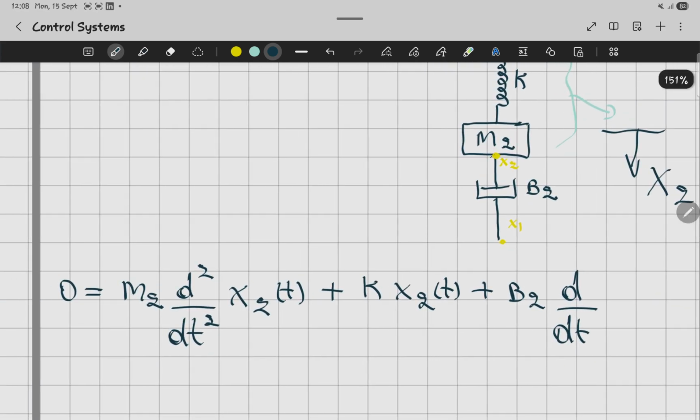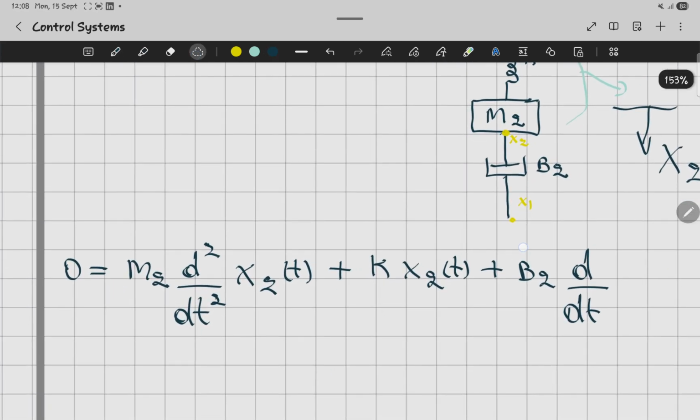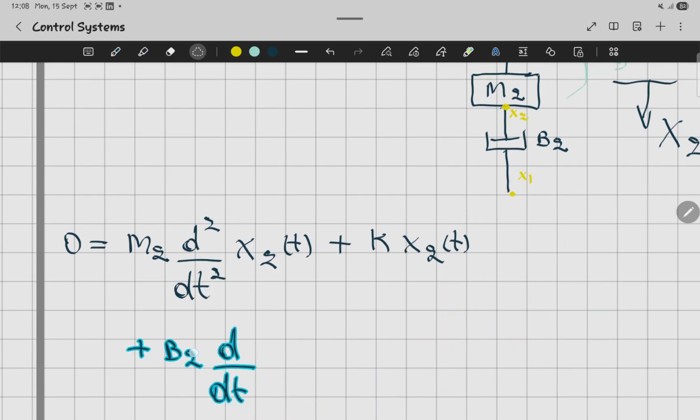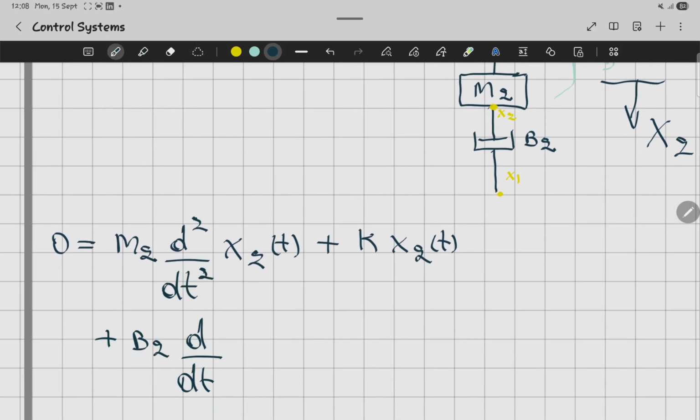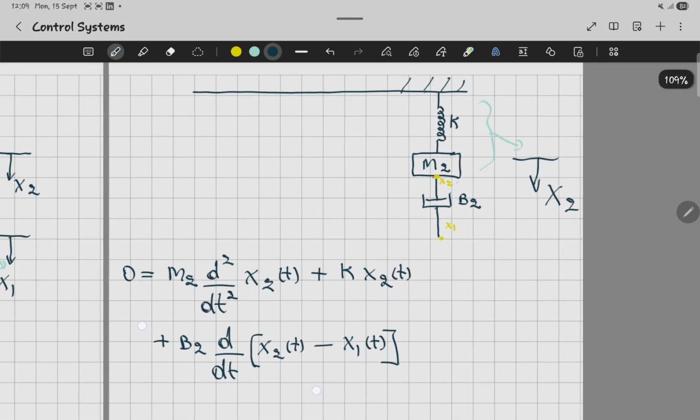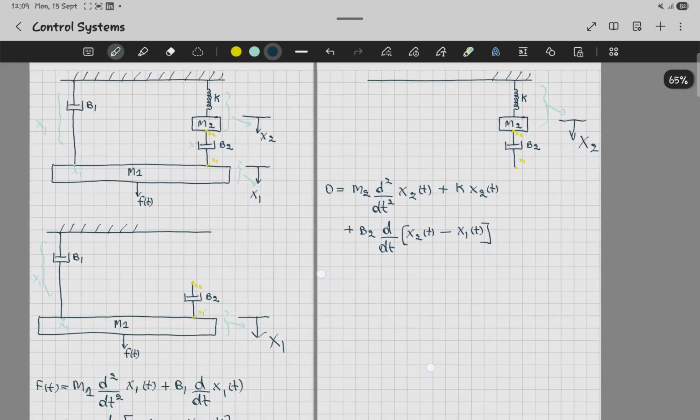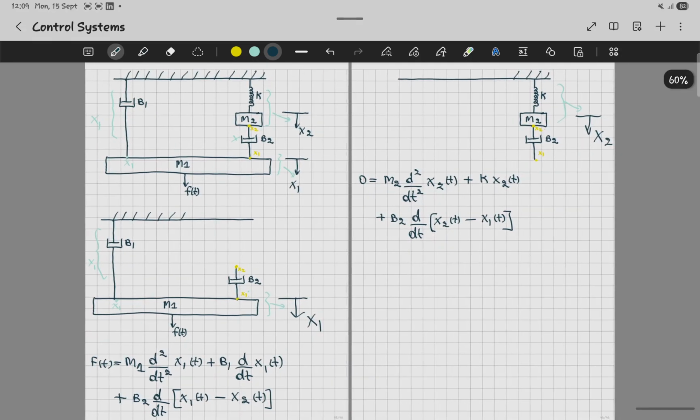So for you to see it clearly, I'm going to move this one at the bottom. The one close to the mass has to have priority, so I'm going to have x2 of t minus x1 of t. So we get something like this for the second equation. This is how you go about getting the equation from this schema.